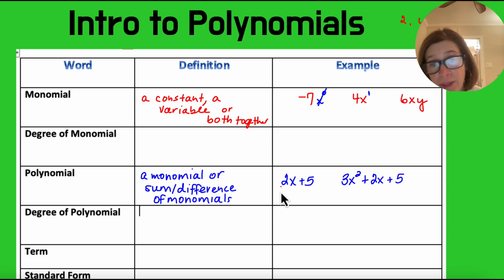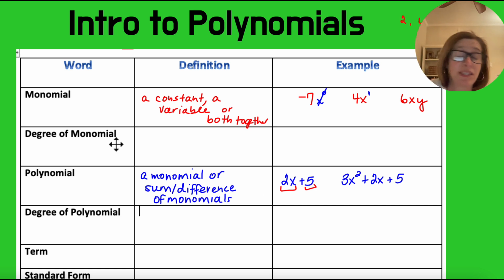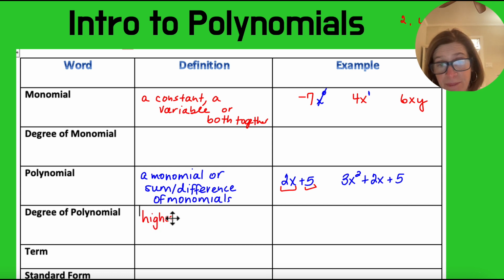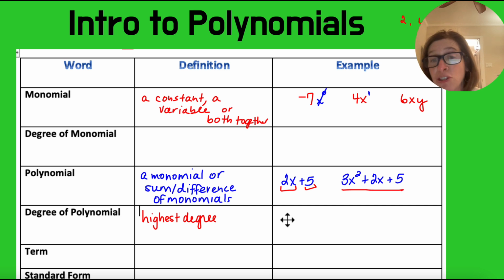Noticing that you have a monomial and a monomial, but now we've added this operation of addition and subtraction. Okay, so the degree of the polynomial is the highest degree you see, as long as it's addition and subtraction. So in this case, this would be a degree 2 polynomial. This one has the highest exponent of 1, so that would be a degree 1 polynomial. They can be a degree 3, a degree 4.